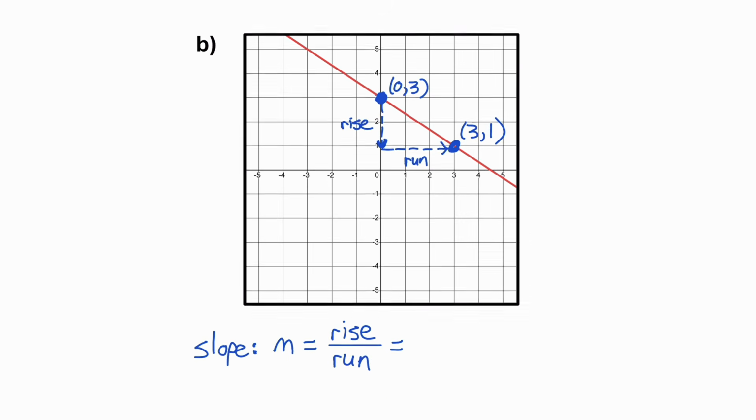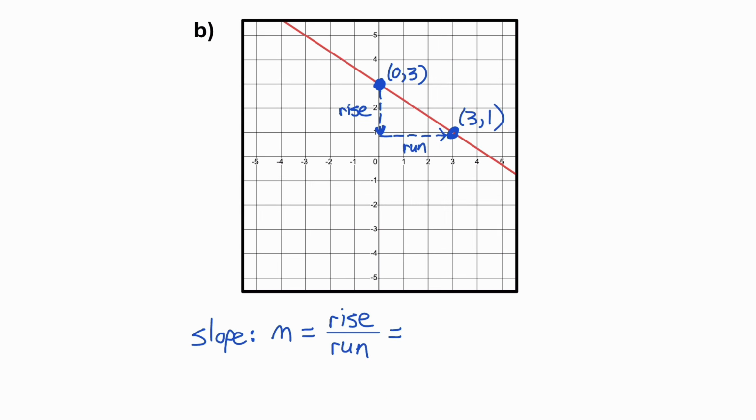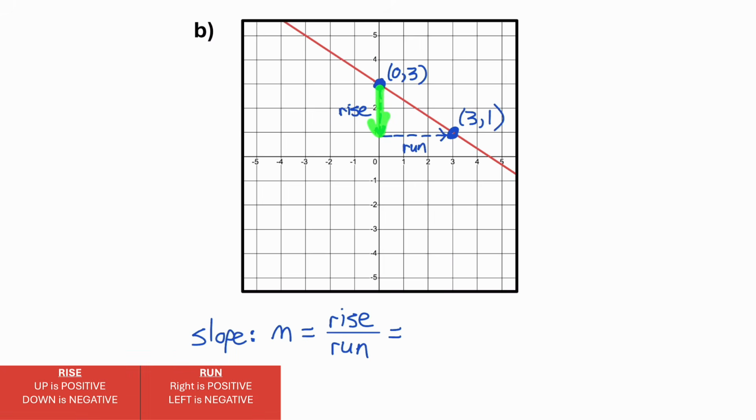And remember, for rise and run, if we're counting in the downward direction, that's a negative rise. So my rise is -2. And then for the run, counting in a direction to the right is a positive run. So my run is +3, which means my slope is -2 over 3.